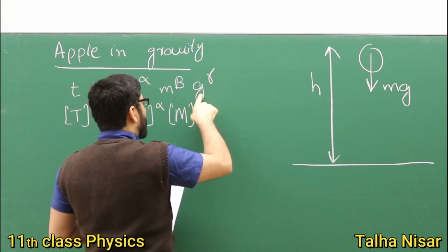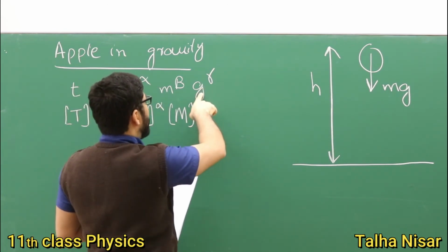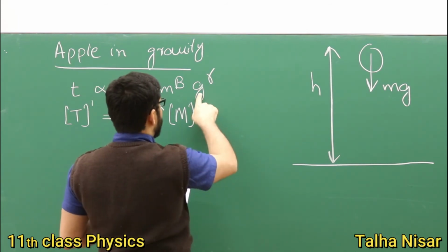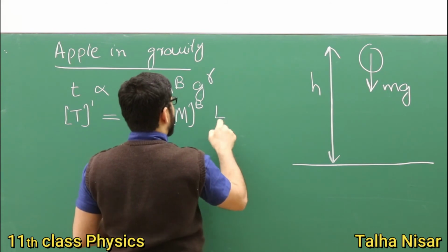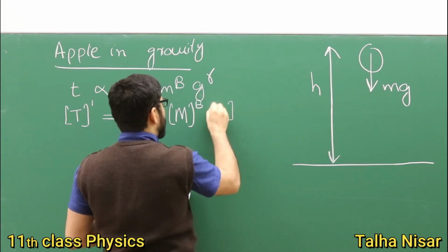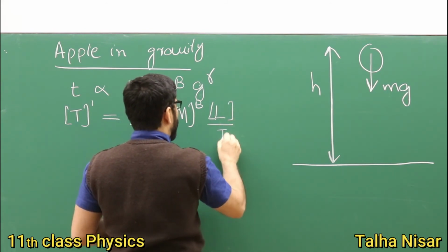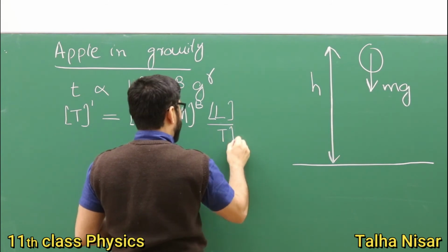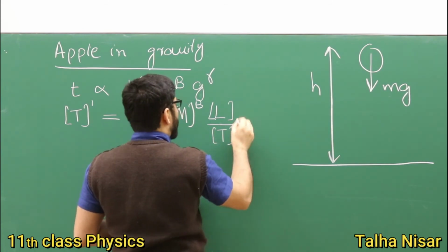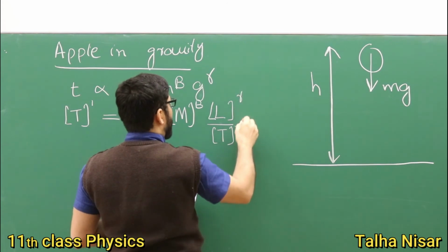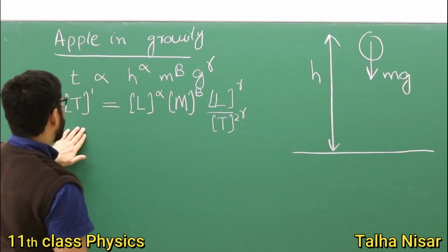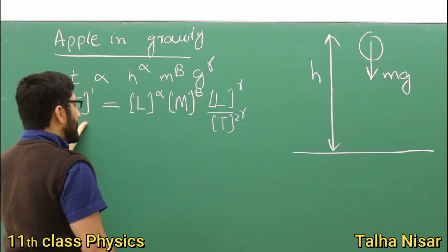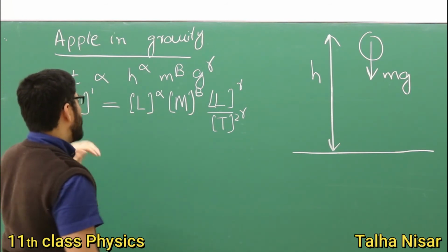And gravity, this gravitational acceleration, so this is the acceleration, and we know that the dimension of the acceleration is length divided by time squared. But here is gamma, so we write gamma here. So the left hand side, as we said, must be equal to the right hand side.